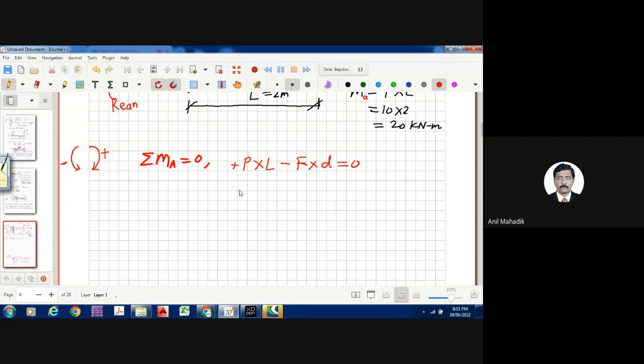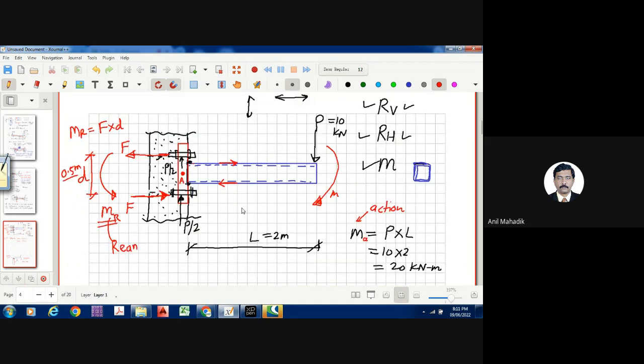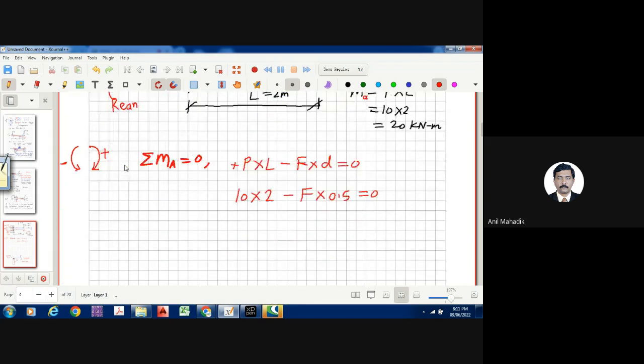तो अभी हमारा P वैल्यू है 10, L वैल्यू है 2 और F I don't know और D कितना है? Has to be 0. अभी units are important, don't forget the units. D हमारा 0.5 है, so I want to calculate the force F. So कितना आएगा F? 20 minus 0.5 into F आएगा, तो right side को गया तो it will be F into 0.5.